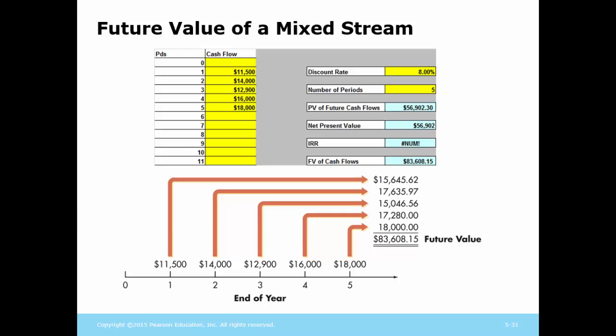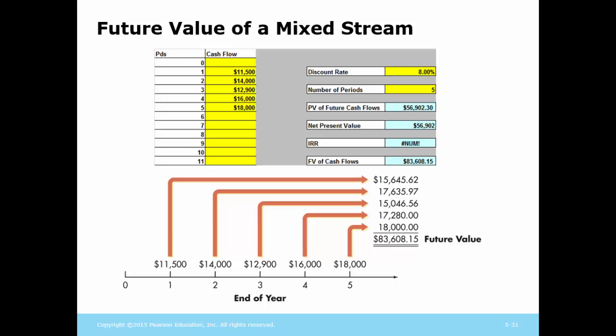So we're just going to input the variables in here when they're told, 1, 2, 3, 4, 5 years. What's the future value of this? Well, if you invested these, what's the future value in 5 years? The future value would be $83,608.